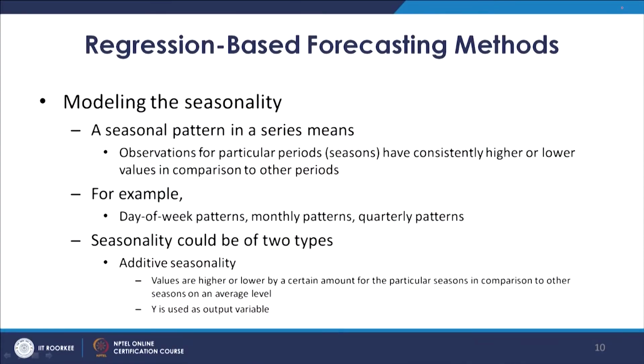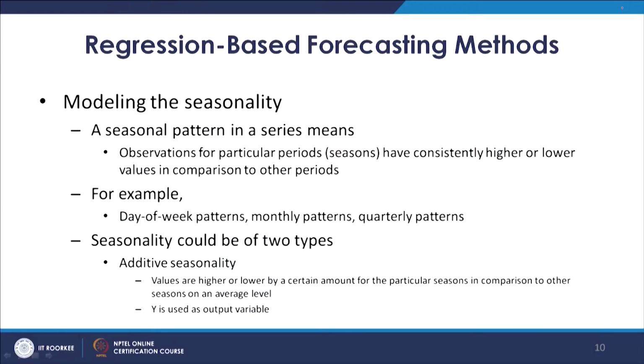Now, seasonality could be of two types. The way those values are consistently higher or lower could be present in two ways. Let us discuss these two types of seasonality. The first one is additive seasonality. What we mean by this is that values are higher or lower by a certain amount for the particular seasons in comparison to the other seasons on an average level.